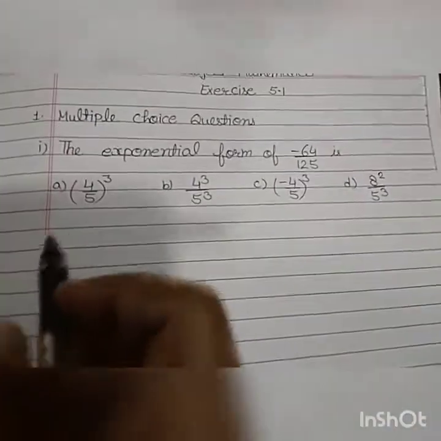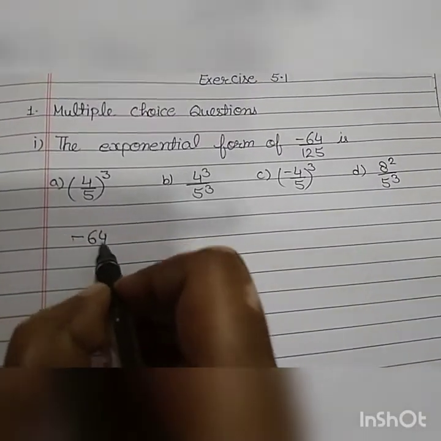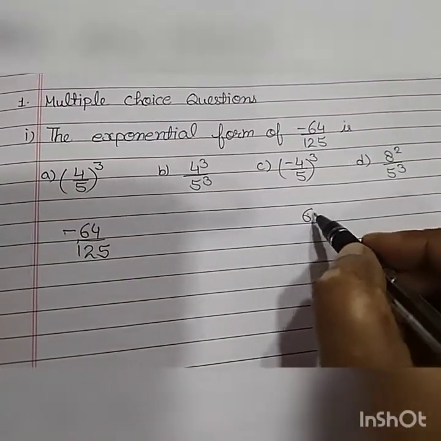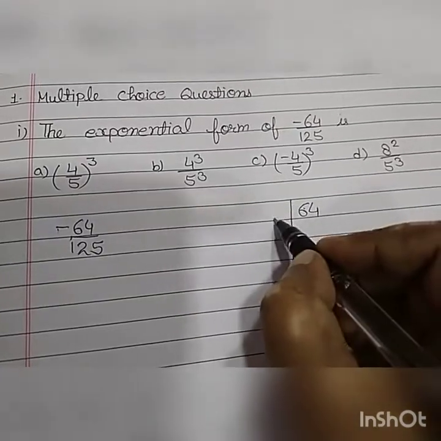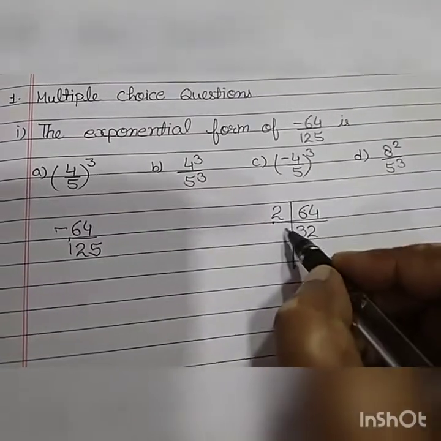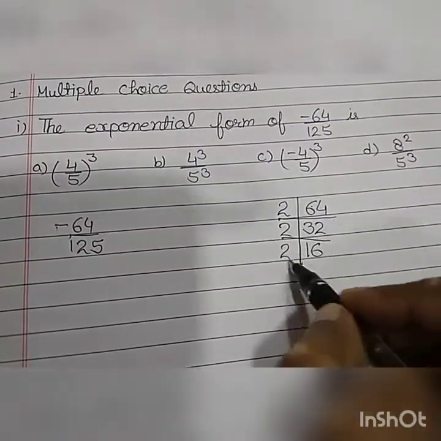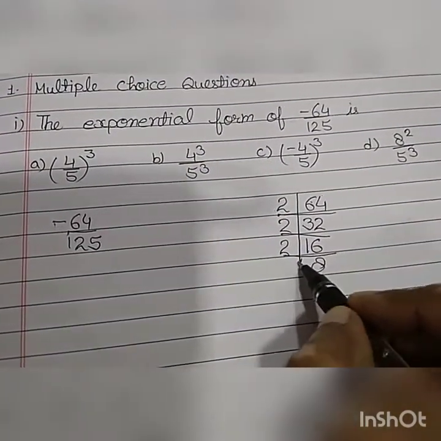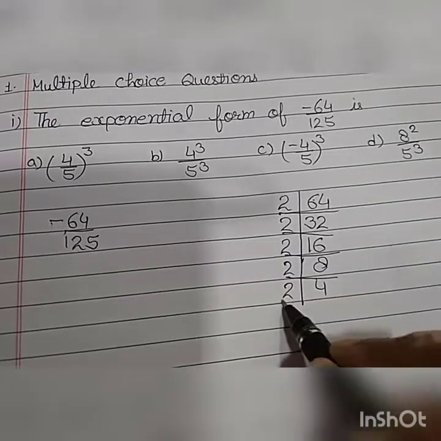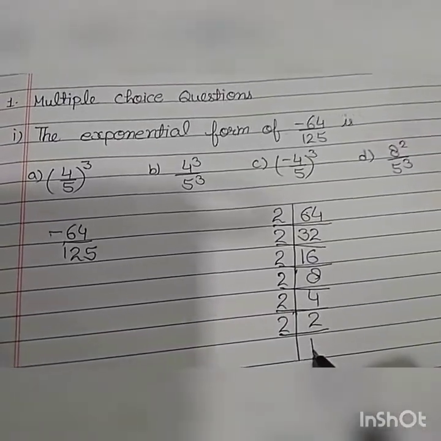So first we have to solve this question. Number is given minus 64 upon 125. We will take out factors. 64: 2 3s are 6, 2 2s are 4, 2 1s are 2, 2 6s are 12, 2 8s are 16, 2 4s are 8, 2 2s are 4 and 2 1s are 2.